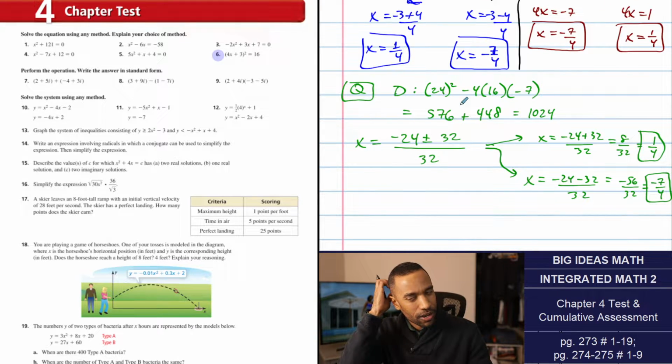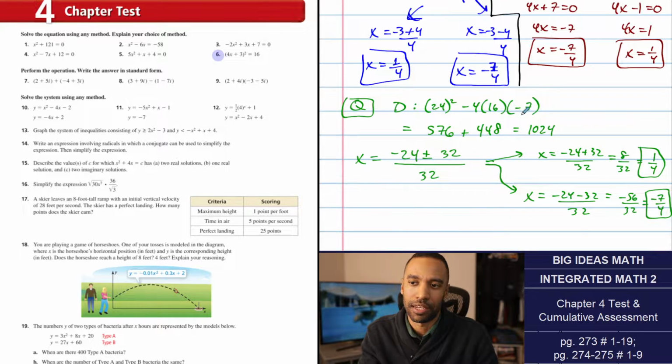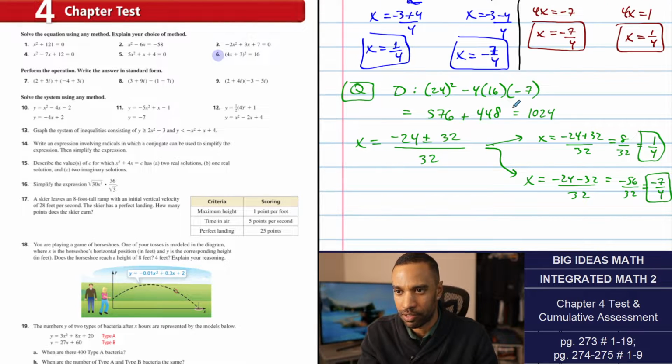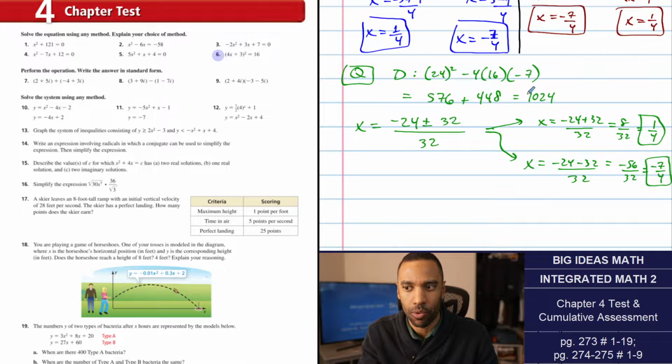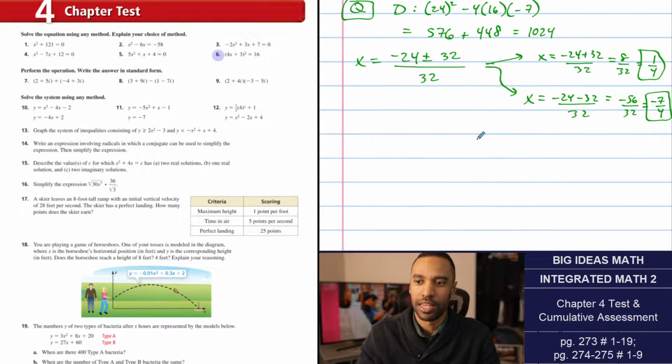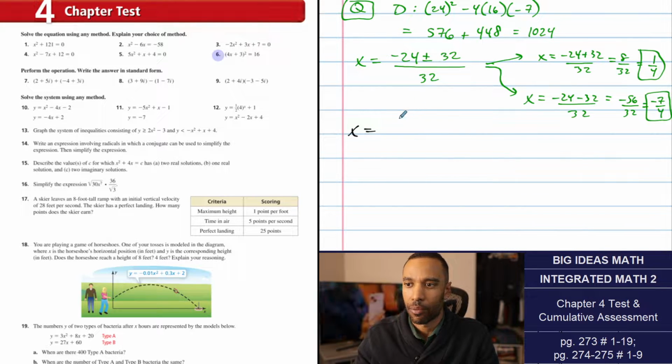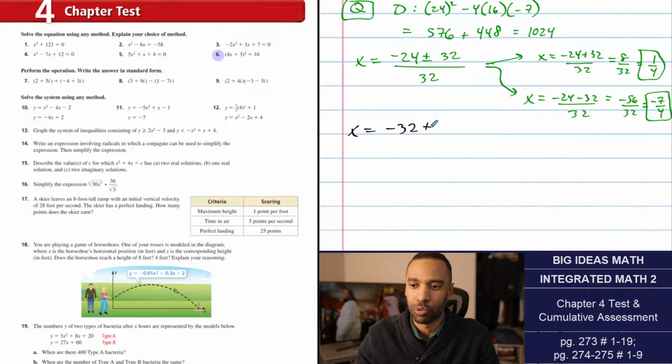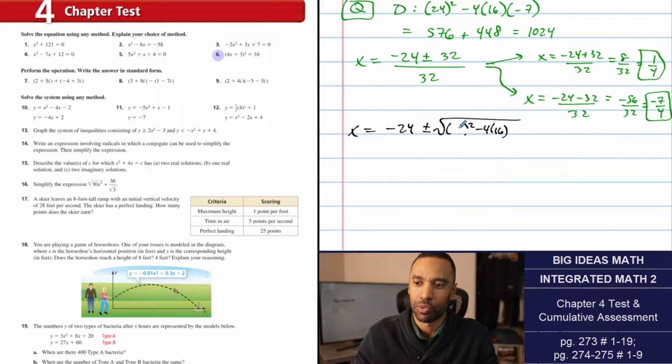Now, I've had some of my students even tell me, through examples or their tutor or whatever that they've seen from other websites, that this doesn't look like the quadratic formula you're used to. Because you're used to this big guy, right? I would have written it like this. Negative 24 plus or minus the square root of 24 squared minus 4 times 16 times negative 7, all divided by 2 times 16.